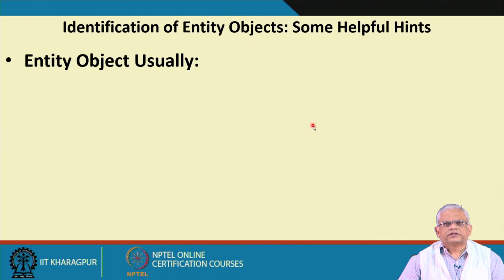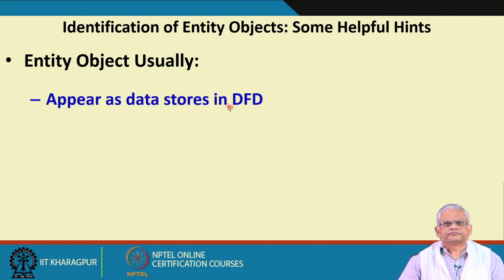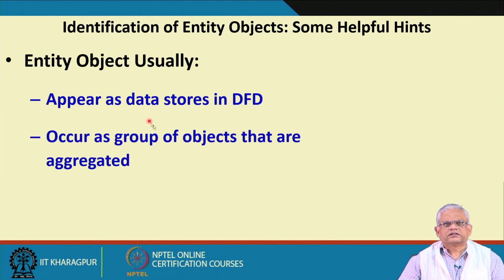But there are some helpful hints we can mention in the identification of entity objects. One is that if we know procedural design, then in the data flow diagram, the data stores typically are the entities. If we look at the DFD model, the data stores correspond to entity objects.